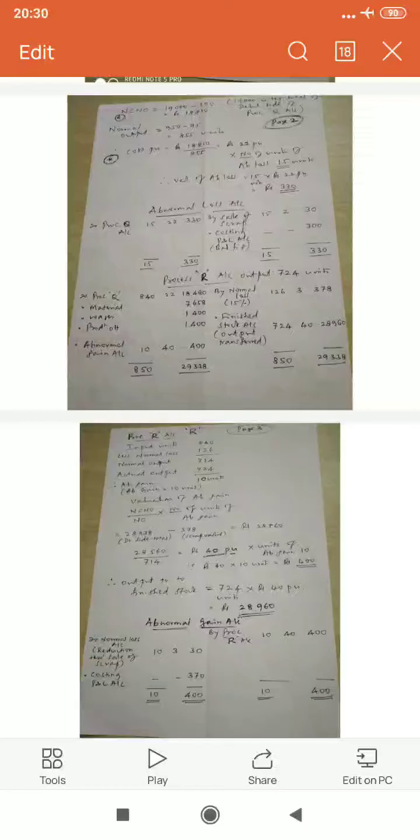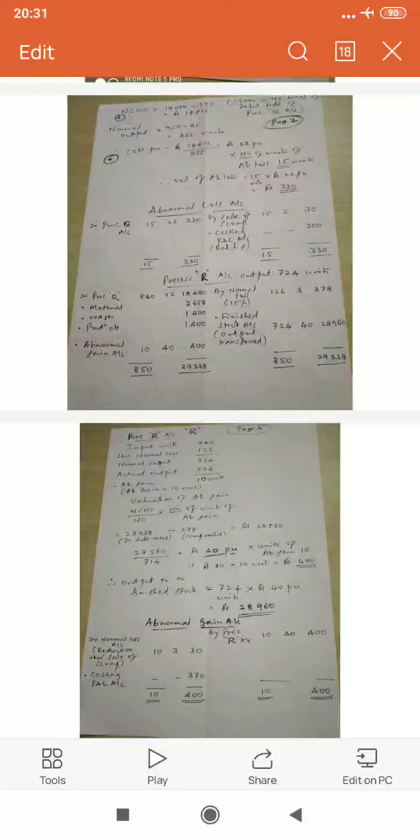Now, you open in the first instance process P account. You go through the solution in page number 1. Output specifically given in the problem as 950. Input 1000 units, whereas output stood at 950 units. As usual, on the debit side of process P account, material introduced 1000 units at rupees 2 per unit amounting to rupees 2000.